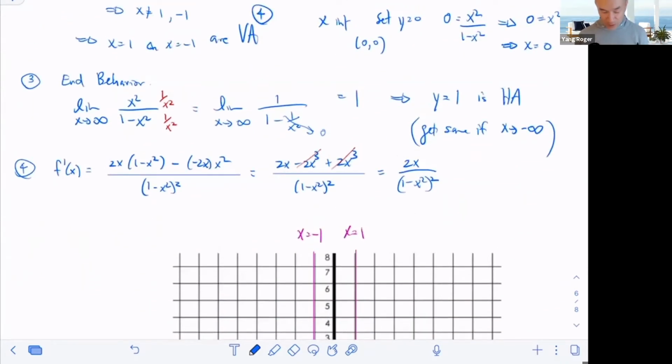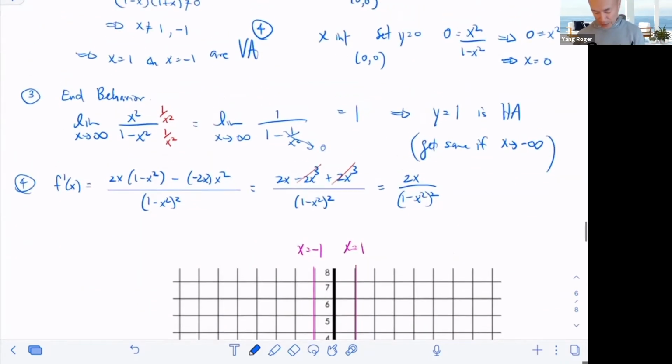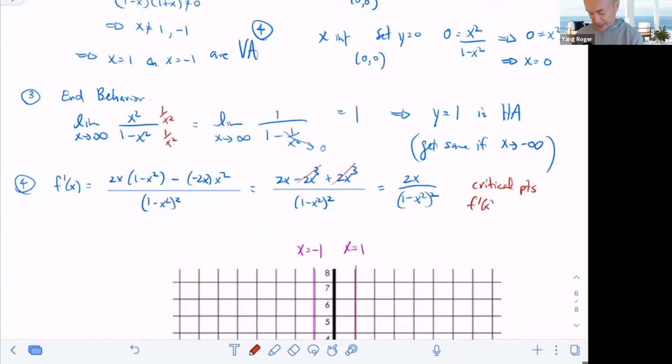Before then, we really need to identify the critical points. So remember, the critical points are where f prime of x is equal to 0 or f prime of x does not exist. So in this particular case, what are the critical points that we have?